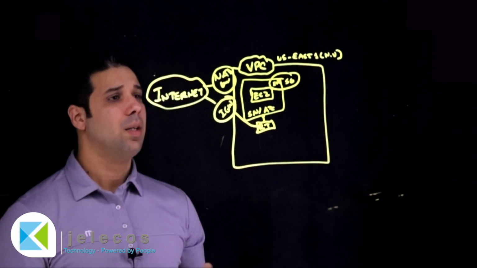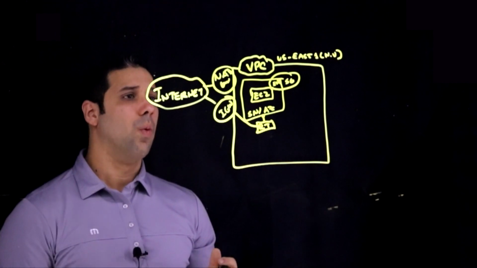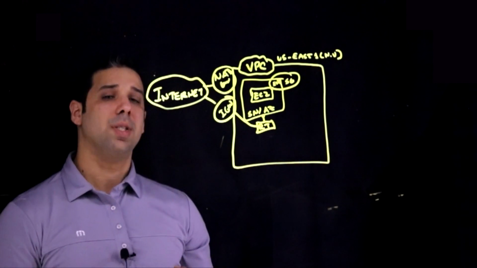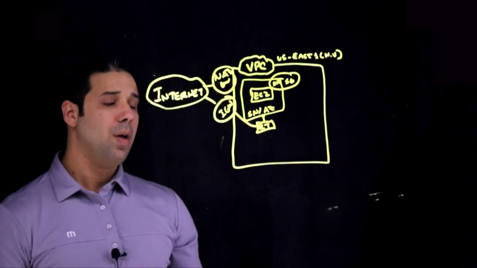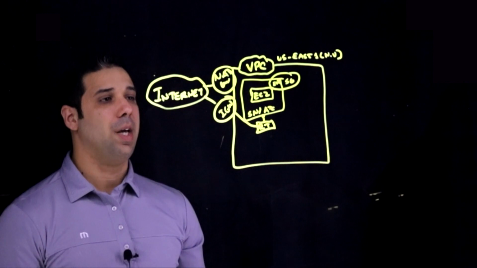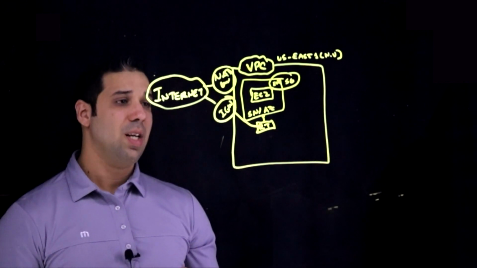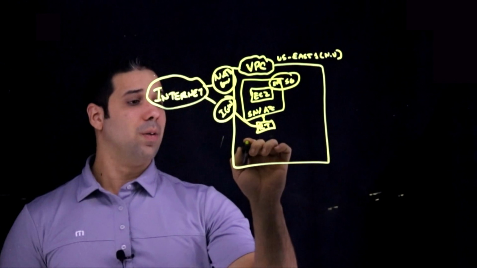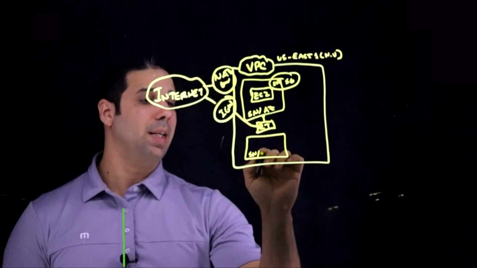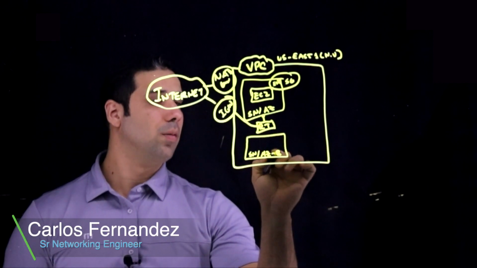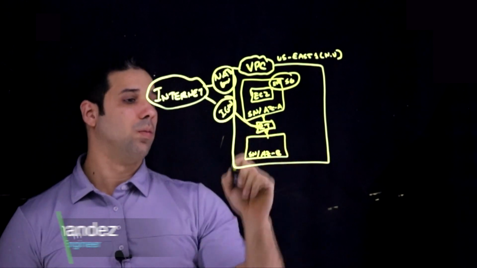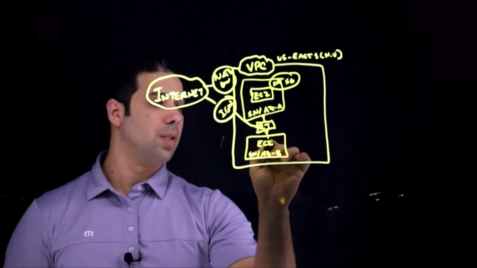Those are the basic networking services that we are required to define to have an operational EC2 instance running in AWS. But in a perfect world, we would like to build a fault-tolerant application on top of this EC2 instance. So we have the ability to create another subnet in a different facility, so availability zone B, attach it to the same routing table and launch a new EC2 instance.